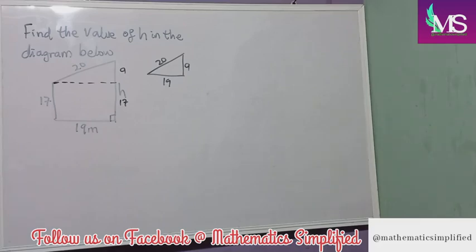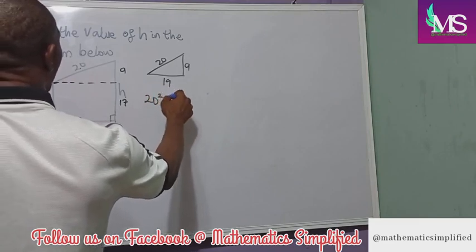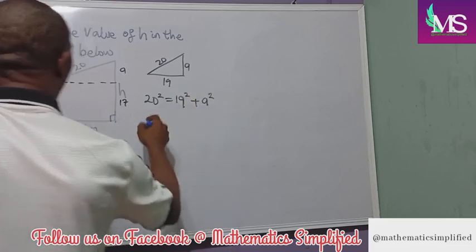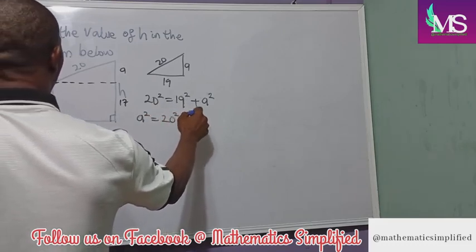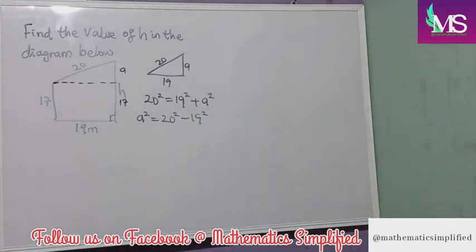Now we can find our A. Using our Pythagoras theorem, 20² = 19² + A², so A² = 20² − 19².